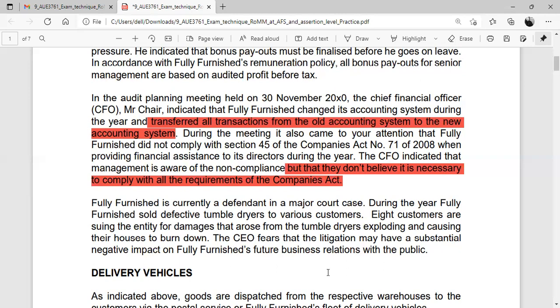You get what I'm saying? At assertion level, you then go on to say these people may have an incentive to not disclose that they have a court case going on. That's a good one, but it would then affect a particular account balance, and that would be liabilities. They would understate their liabilities and not disclose that there's a contingent liability.